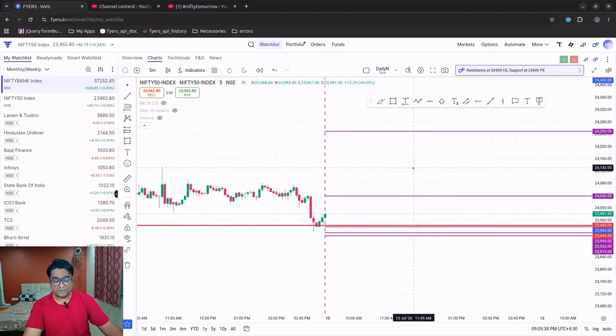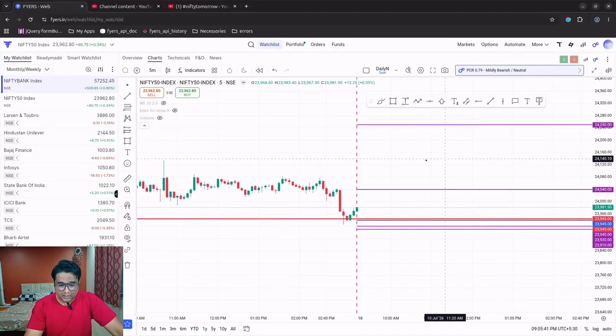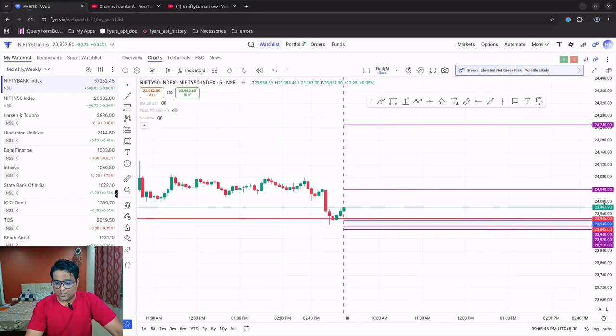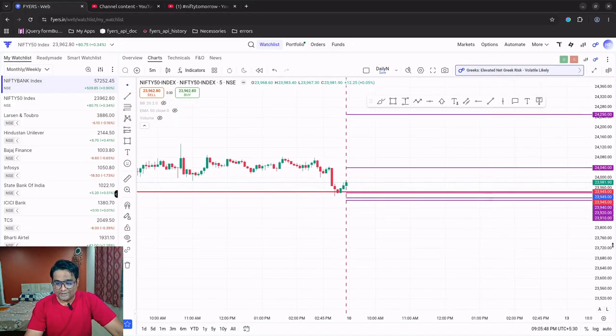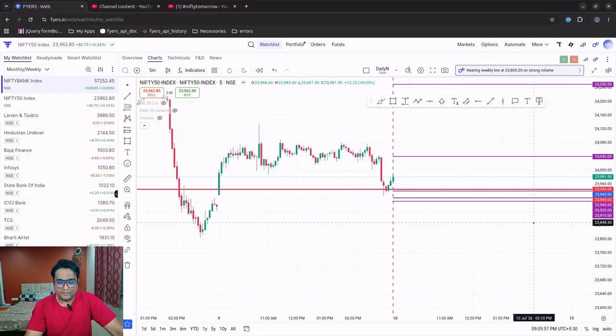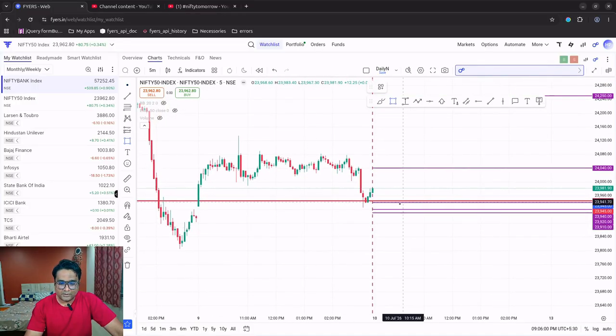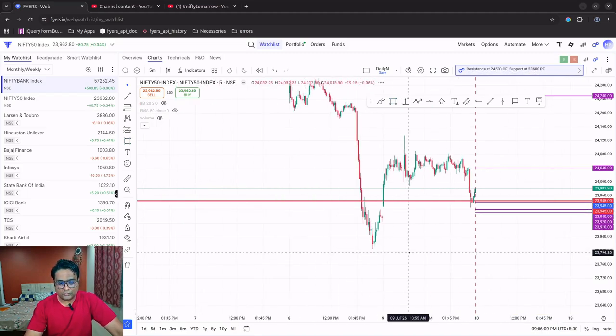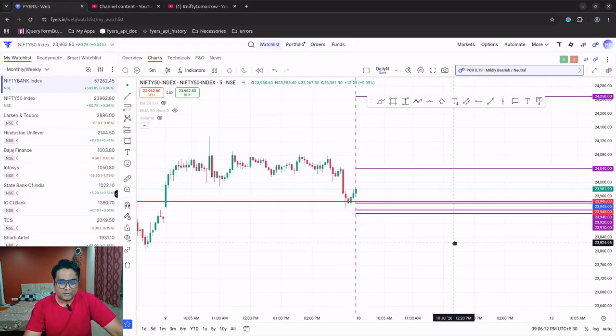Today was clearly a sideways market, except for the last few candles. These are the daily key levels. See the cluster of these key levels: 23,940, 23,910, and then 23,920. This zone here is forming a strong support, and that also at the weekly key level.